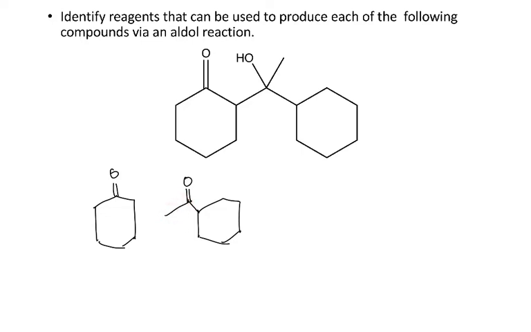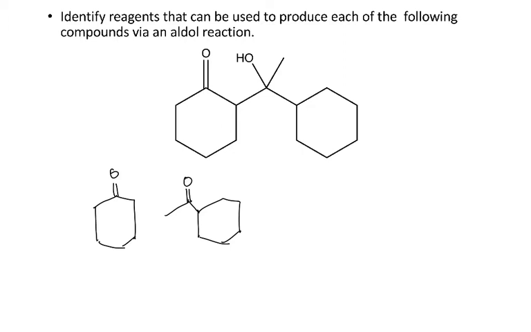So we've attacked this ketone, and this ketone has two alpha carbons, both of which could be the enolate. And so we're going to get a mixture of products if we just try to mix these with sodium hydroxide.